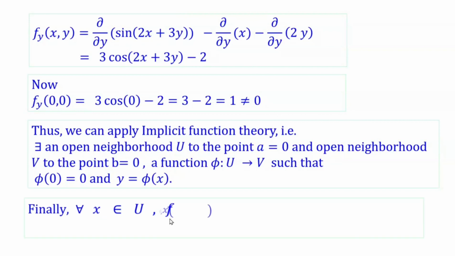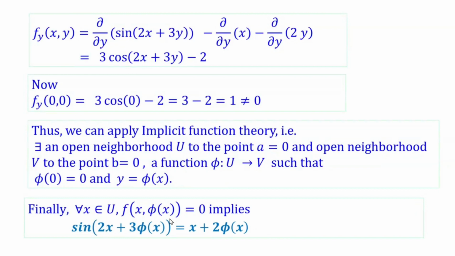Now from the note in the last slide, for all x belonging to U, f(x, phi(x)) is equal to 0. So this implies sin(2x + 3 phi(x)) equals x plus 2 phi(x). So this completes the first part.